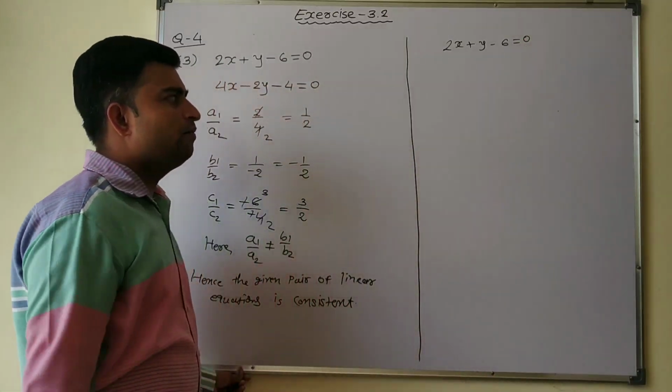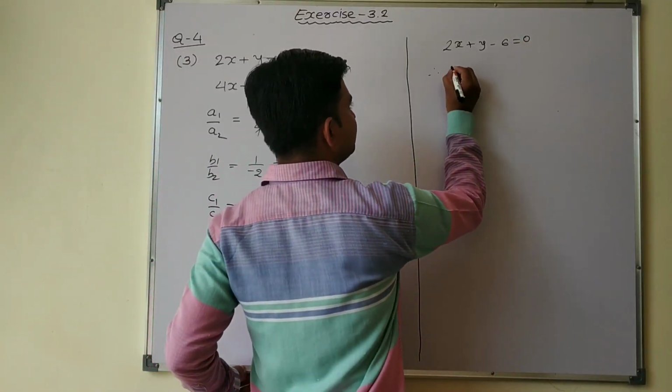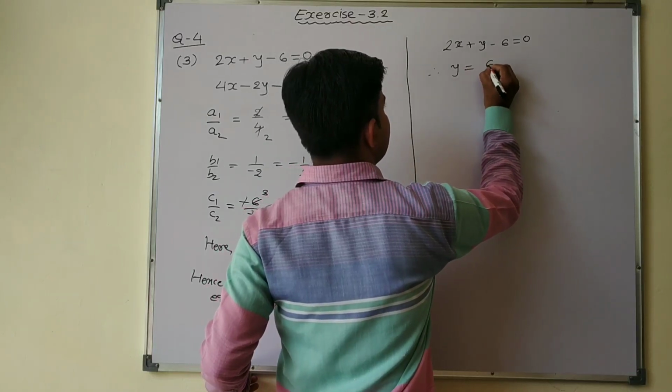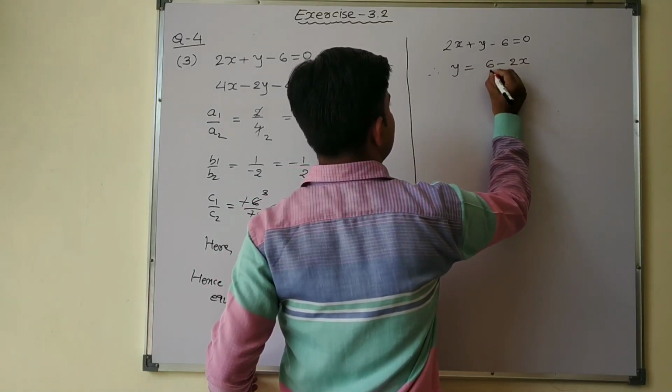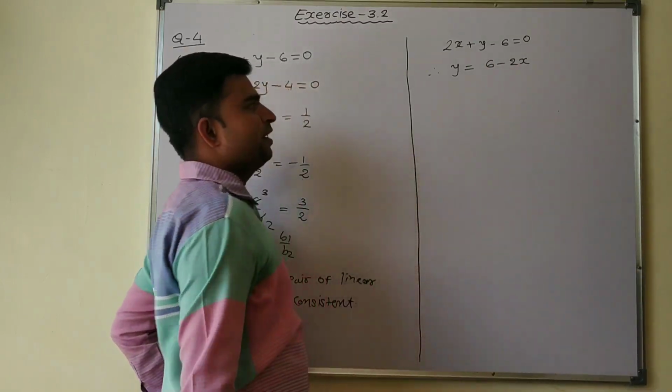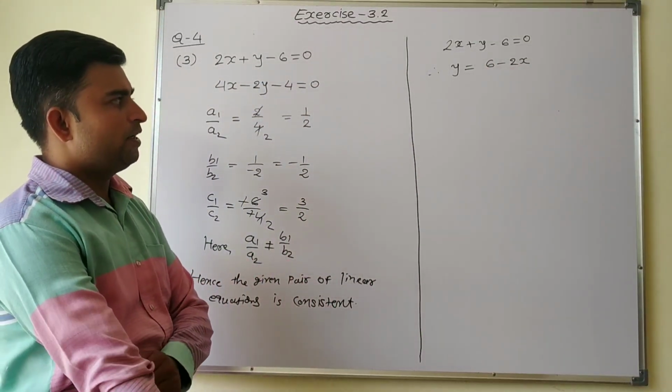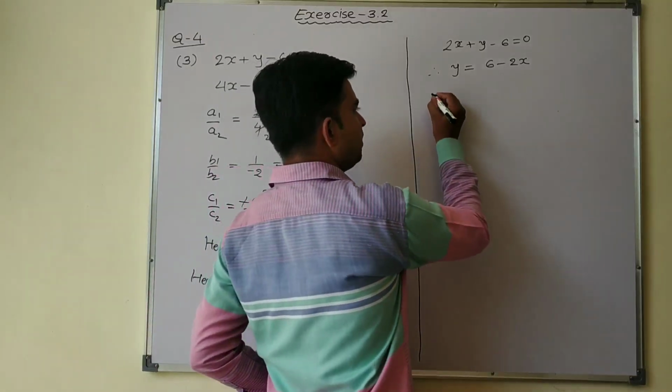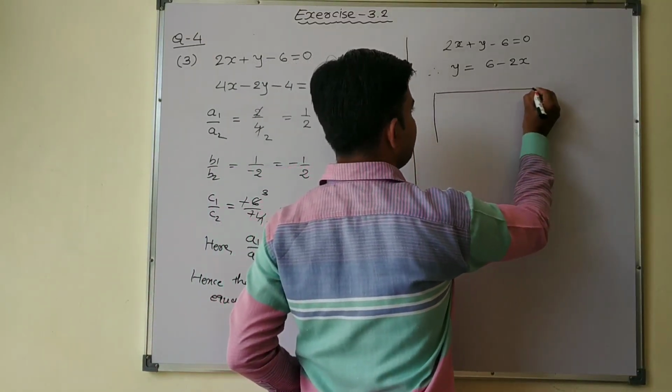So we take the first equation 2x plus y minus 6 is equal to 0. Now convert into y form, so it becomes y is equal to 6 minus 2x. Now take different values of x and find the value of y.